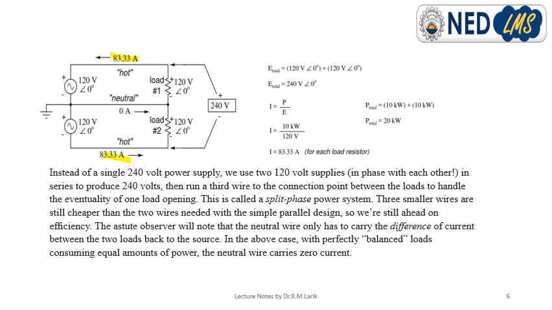In this system, the trade-off between efficiency and danger is one which European power system designers have decided to risk: all their households and appliances operate at a nominal voltage of 240 volts instead of 120 volts as in North America.